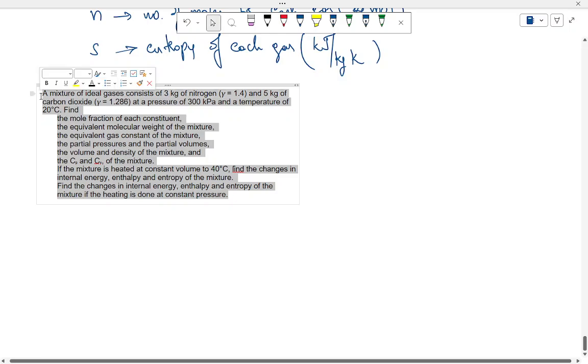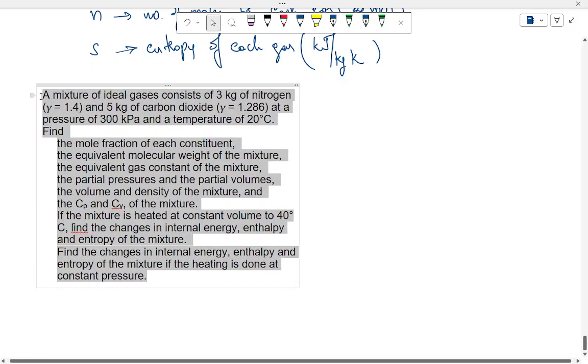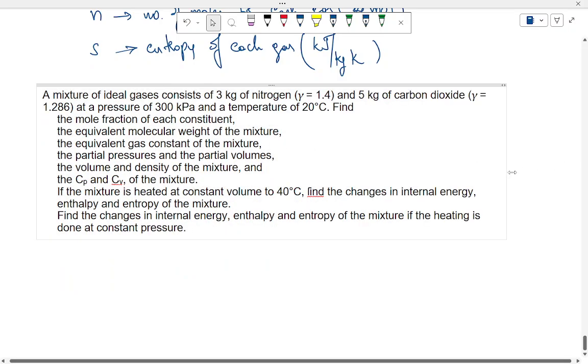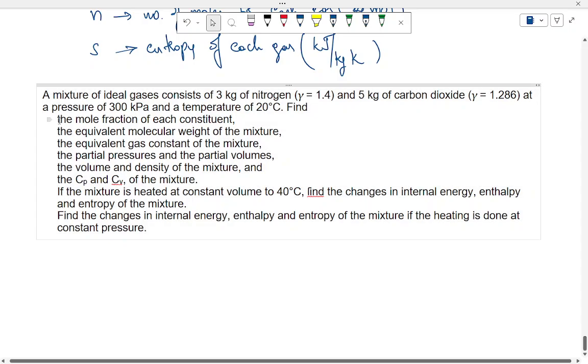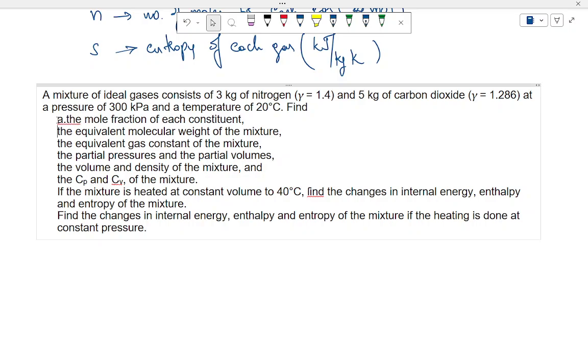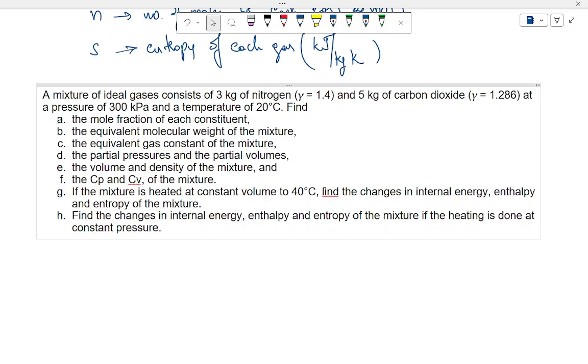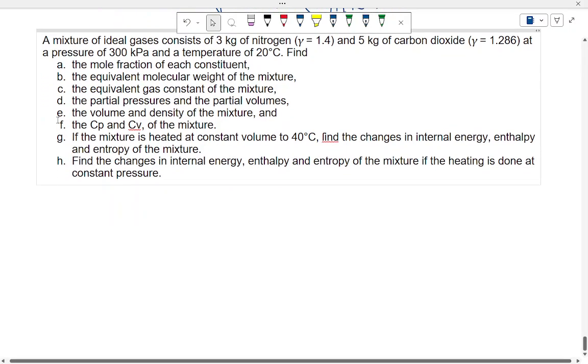And this problem has so many parts in it. Somehow the parts are not coming here. Let me type them. So I think the question is clear now. So here goes our question.